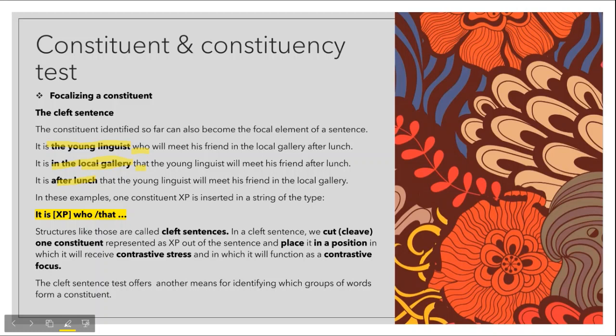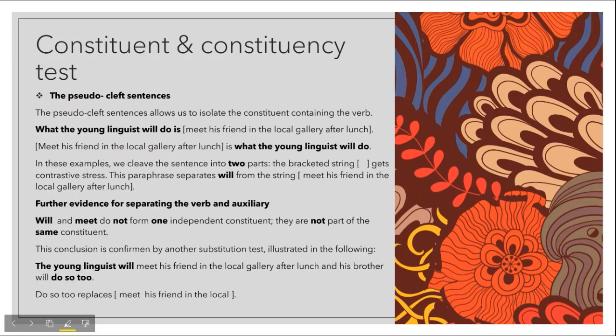The cleft sentence test offers another means for identifying which groups of words form a constituent. The pseudo-cleft sentence is the next test that we will talk about, and it allows us to isolate the constituents containing the verb.